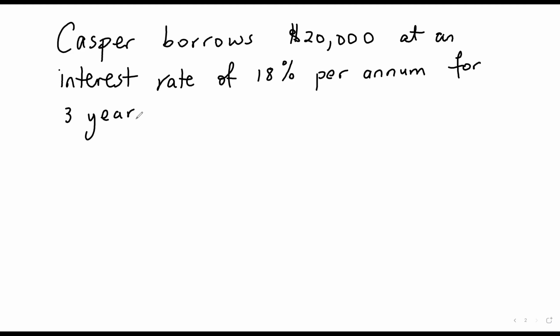If I needed to calculate the interest that he would pay on this loan of $20,000 at a rate of 18% for 3 years, guys, which value here is the principal? The 20,000. Yeah, the 20,000 is your principal. Your rate is 18% and your time is 3 years.